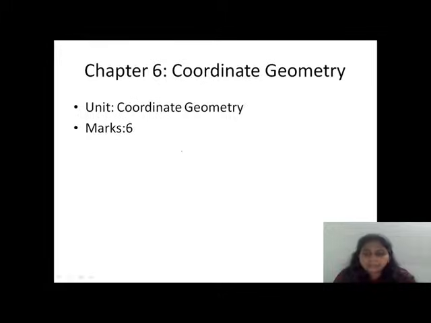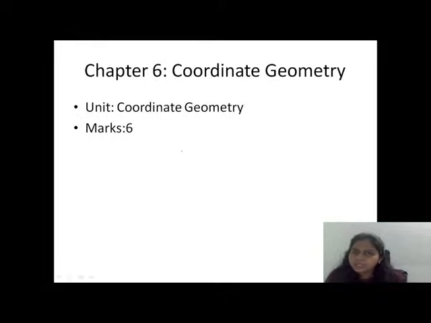But some students get fewer marks in this coordinate geometry because of the calculation part. They make silly mistakes. Instead of writing plus, they will write minus. Instead of multiplying, they will divide. Because of this only, they lose marks in coordinate geometry.